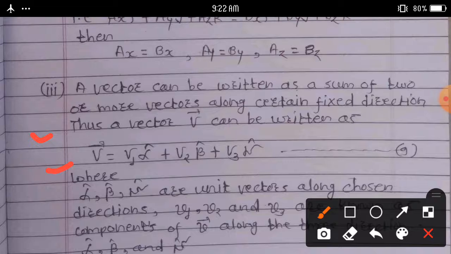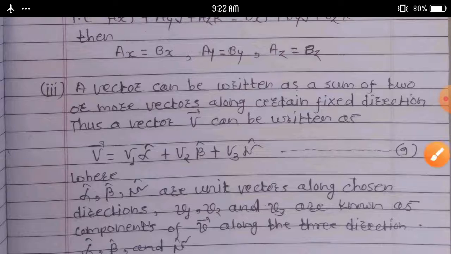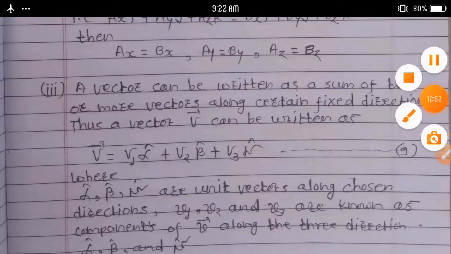Here alpha cap, beta cap, gamma cap are unit vectors along the chosen directions. v1, v2 and v3 are known as components of v bar along the three directions alpha cap, beta cap and gamma cap. In this way we complete this point, resolution of vector. In another lecture we will discuss a new topic. Today we stop here. Thank you.